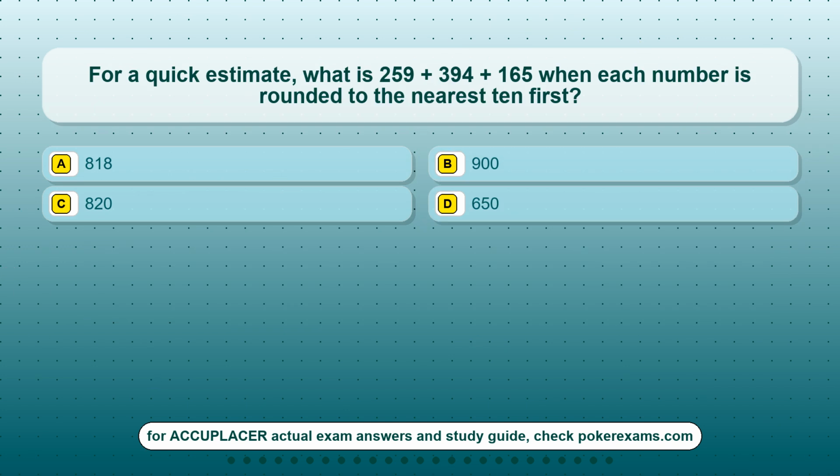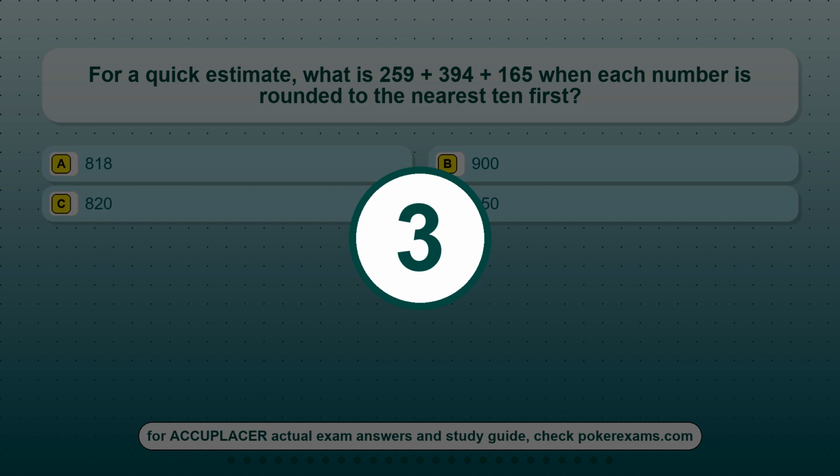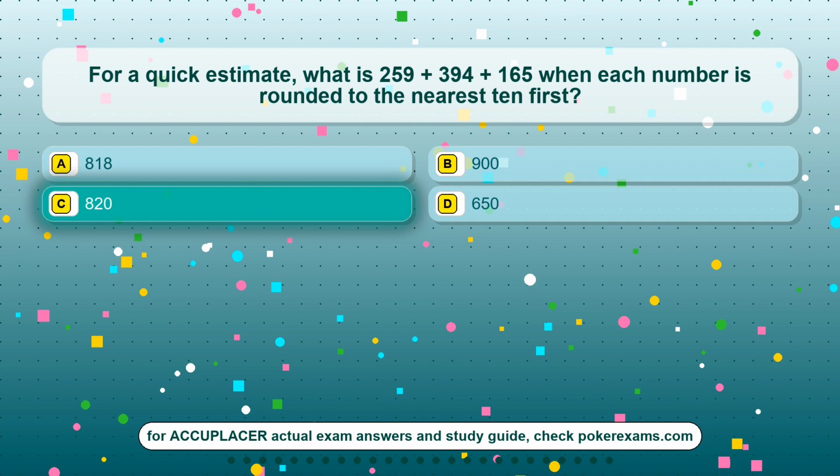Question 23. For a quick estimate, what is 259 plus 394 plus 165 when each number is rounded to the nearest 10 first? Option A 818, Option B 900, Option C 820, Option D 650. The correct answer is Option C, 820.